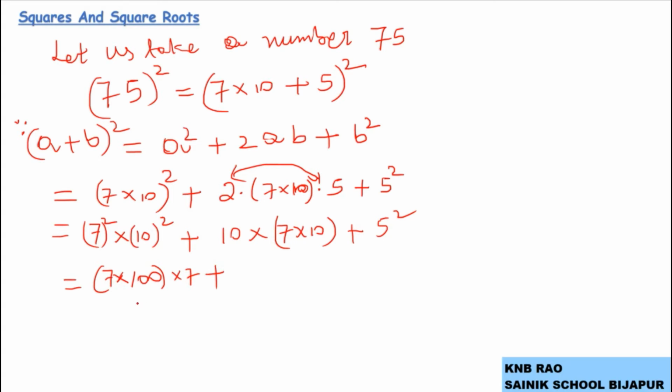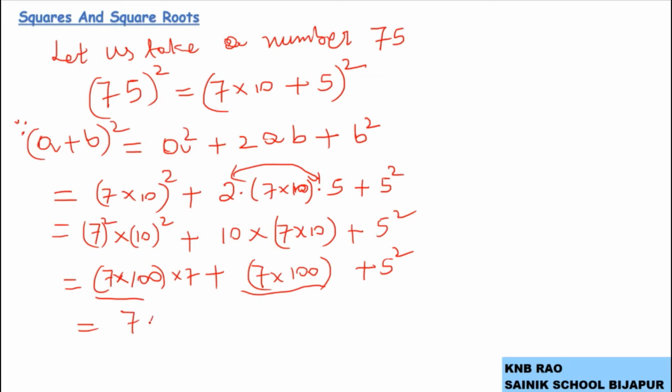Same thing I have written using the associative property. Now here again I have 7 into 10 becomes 100 and plus 5 square. Now students, can I take this 7 into 100 as common?